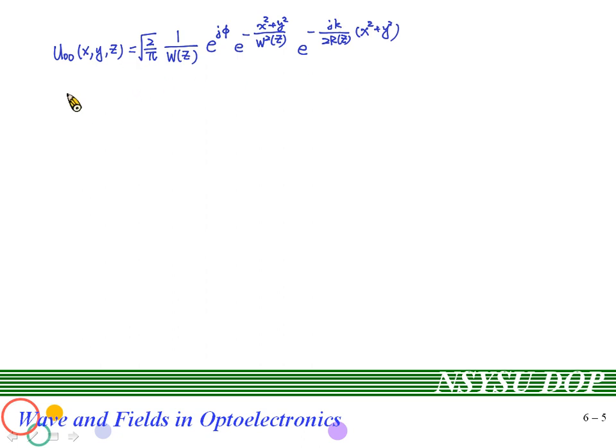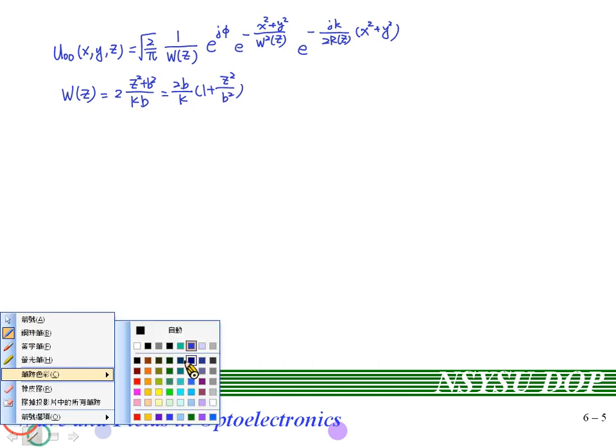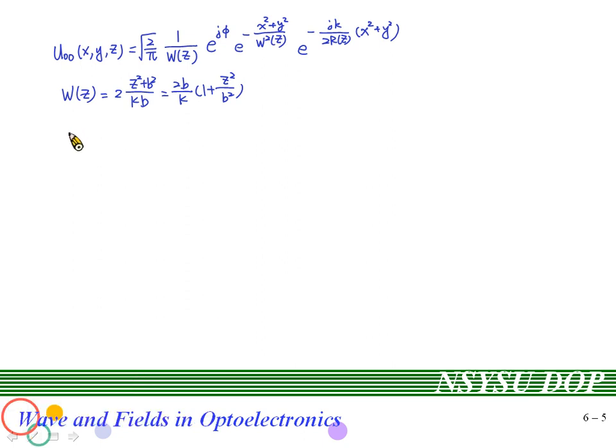In the above function, the capital W of Z represents the beam radius. Sometimes we also call it a beam size.